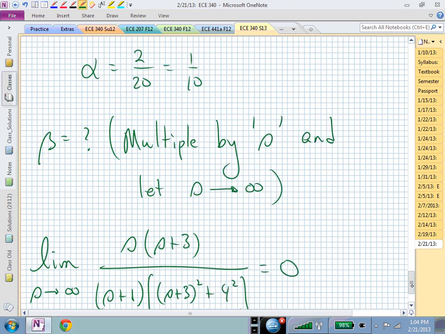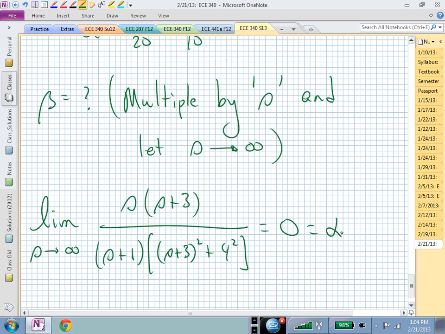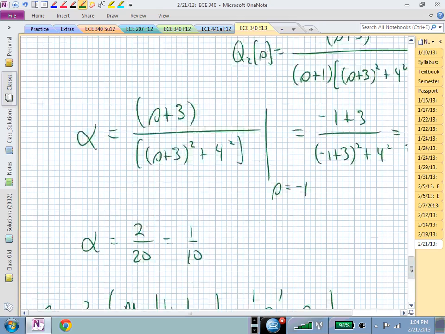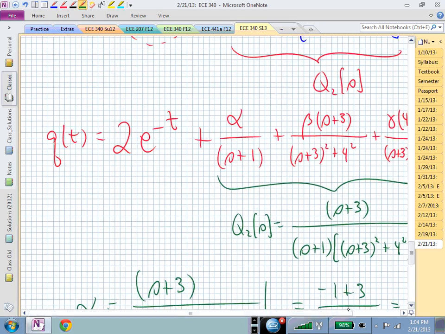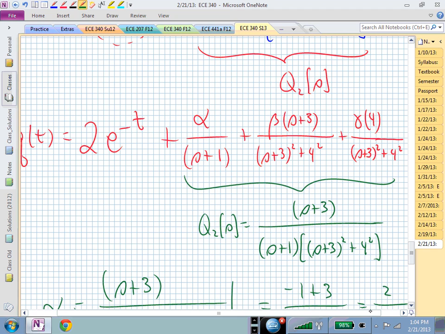The first term on the right becomes alpha. What about the second term? That's the beta piece. I multiply it in the numerator by s, and I have an s squared up top. I have an s squared downstairs. What does that become as s marches off to infinity? Beta.